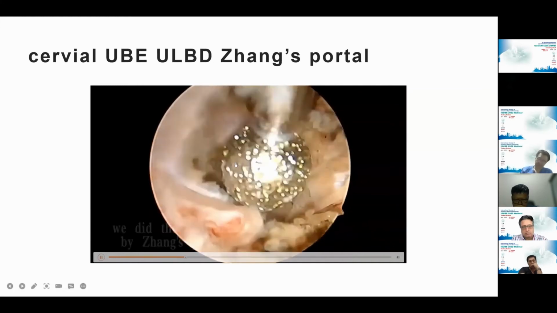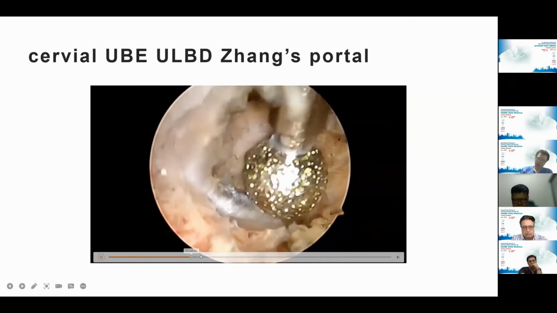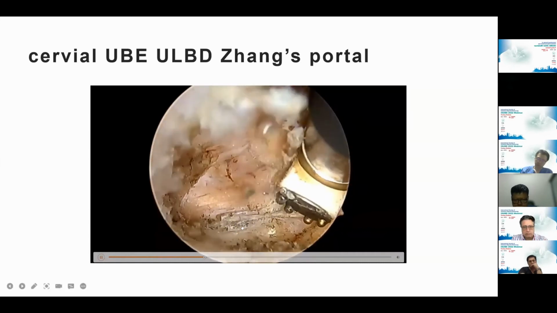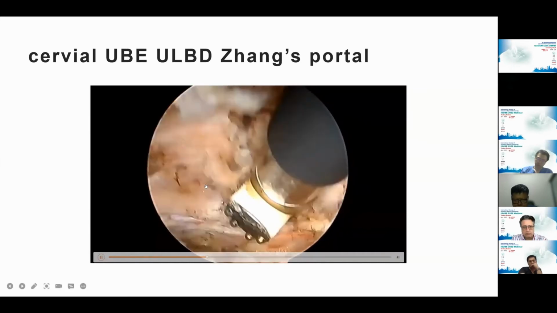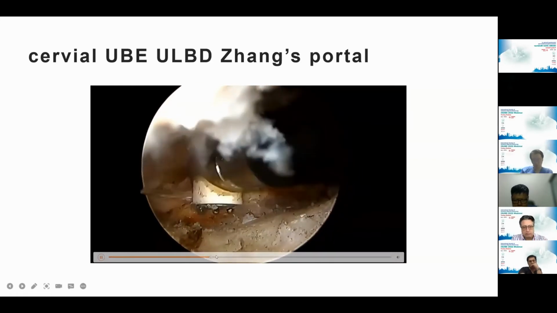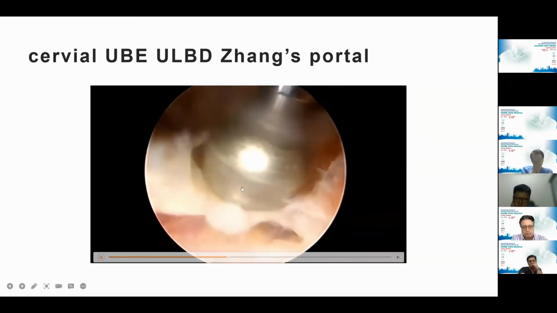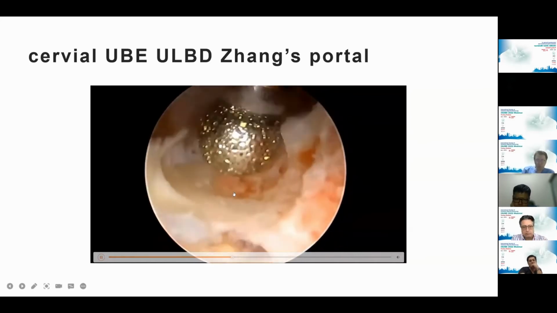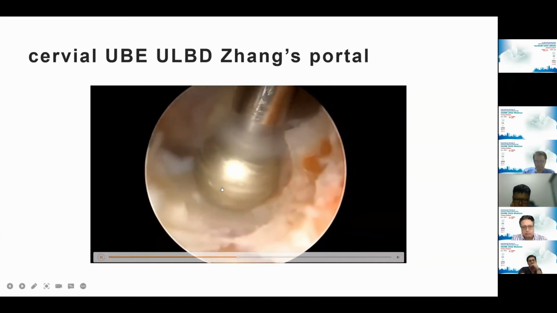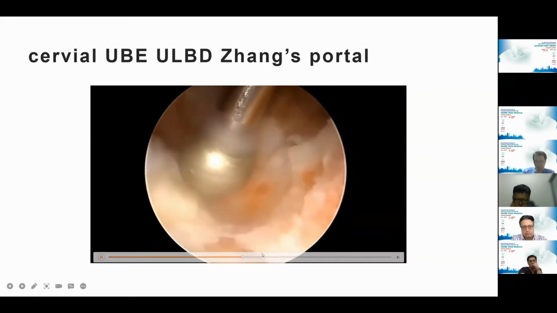We remove the contralateral side lamina. And we can see the contralateral side of the lateral mass and the undersurface of the lamina. This is the contralateral side, the upper margin of the lamina. We can see the insertion of the flavum ligament. It is separated by the drill from the upper margin of the lamina.